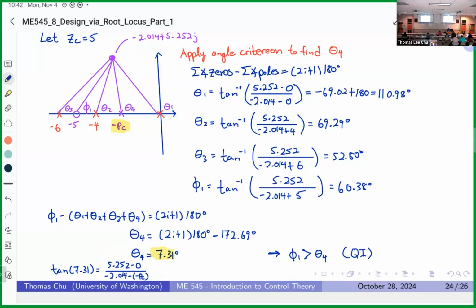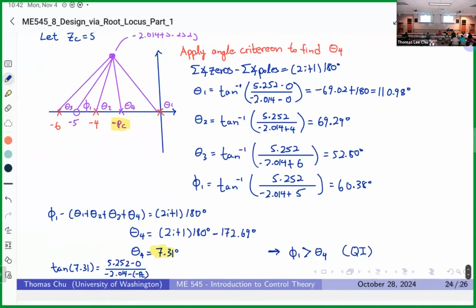Minus PC is the actual pole location, because we use this form: C of S is equal to S plus ZC divided by S plus PC. So actually it's minus PC that is the actual pole location. And from that, we're able to find out PC is going to be equal to 42.96.